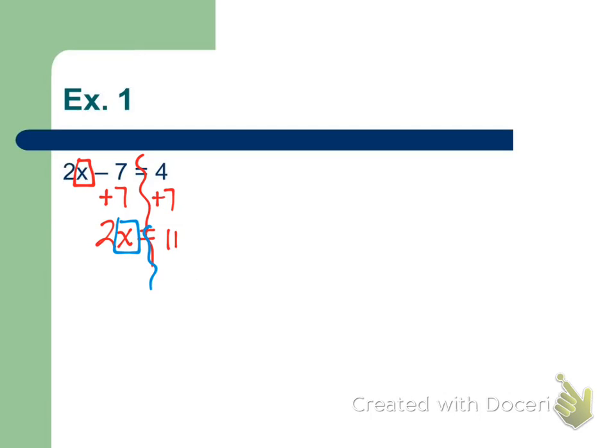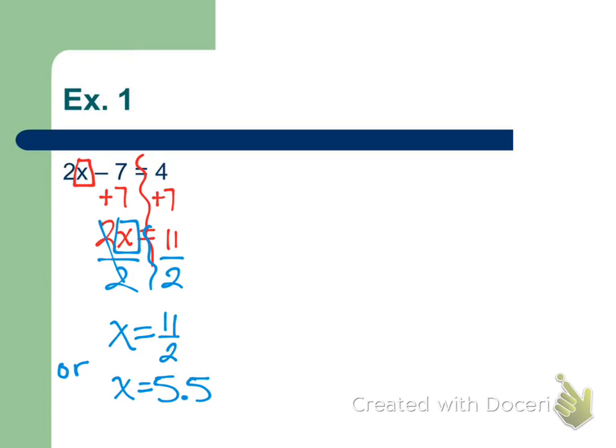So I should divide both sides by 2. So we get x equals, now x is finally all alone. I'm okay if you leave it as 11 over 2, or you can write it as 5.5. Either one of those works for an answer.